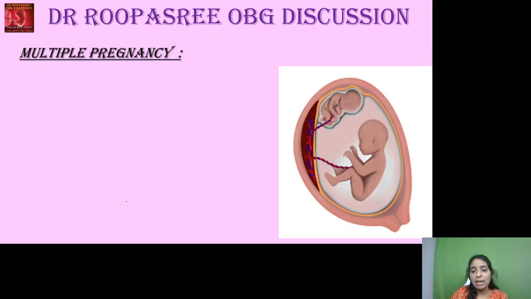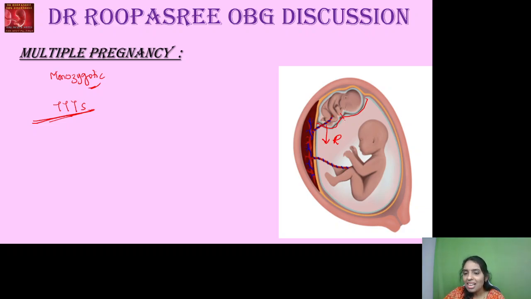Next, multiple pregnancy. This is seen mostly in monozygotic twins, that is twin transfusion syndrome. I think most of you are familiar with this condition in which there are two fetuses. This is one baby and this is a second baby. The recipient twin, the one which is receiving, receives everything.